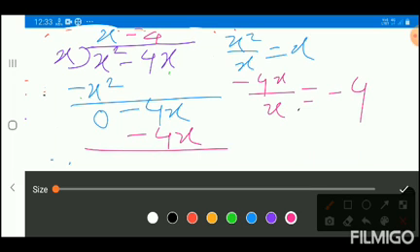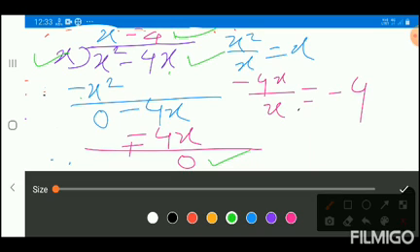Now division means we have to subtract this, so this will become positive. Here keep in mind, this is the quotient, this is known as the dividend, divisor, and this is the remainder.